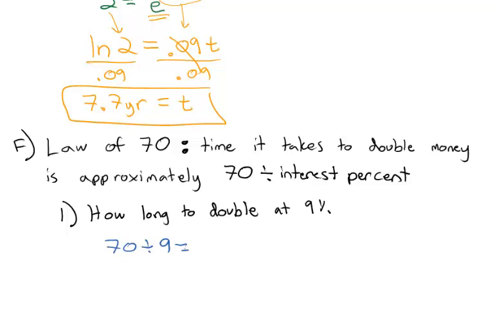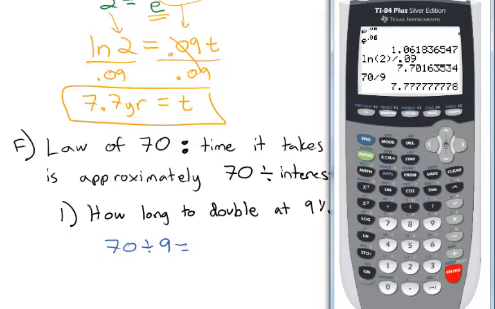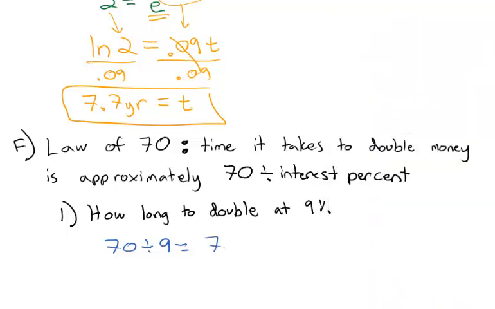If you do 70 divided by 9 on your calculator, it's approximately 7.7777 years. Notice how close these two numbers are. It's a really good estimate that it will double every about 7, if we round, 8 years. And that's pretty darn close to what we found using logarithms.